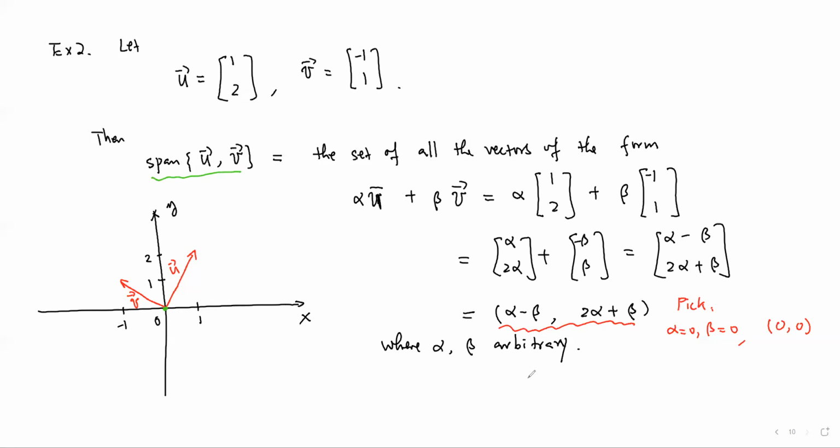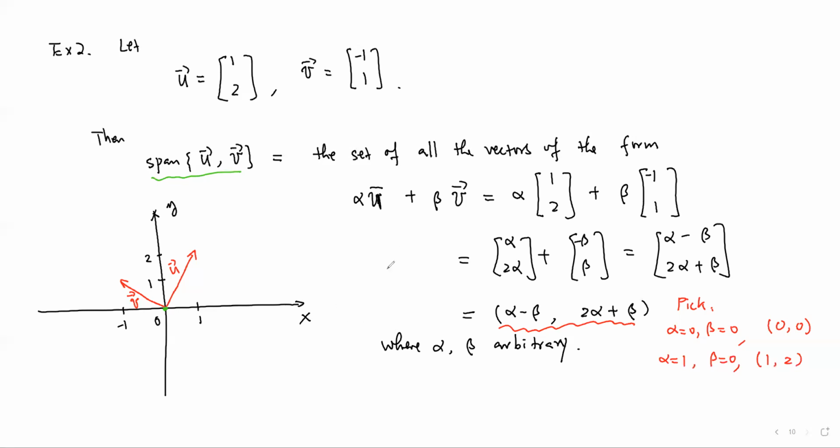Let me choose alpha is 1, beta is 0. Okay, now plug in 1 in alpha, 0 in beta. Then again, (1, 2). This point is in the span.